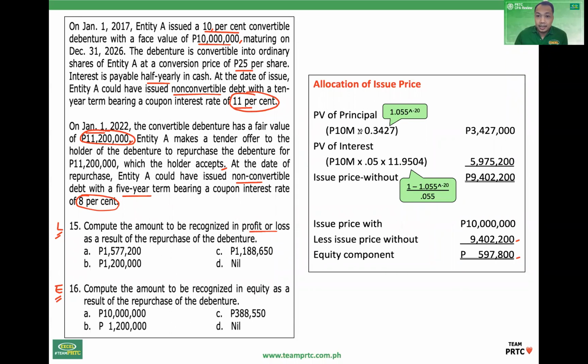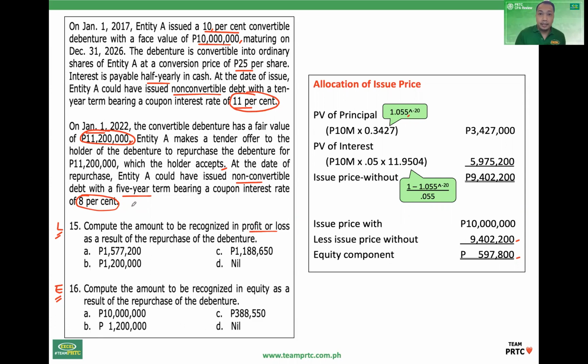Discount the cash flows using the original effective interest rate. So 5 years remaining, so papalitan mo lang ito. Instead na 20, gawin mo na lang 10. 10 periods remaining. Okay? Then, magkano yung retirement price? Okay? So kung magkano yung fair value on the date of retirement. And ang prevailing rate that time, 4%.